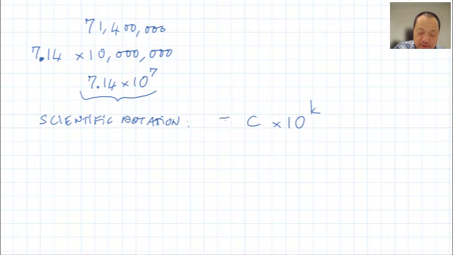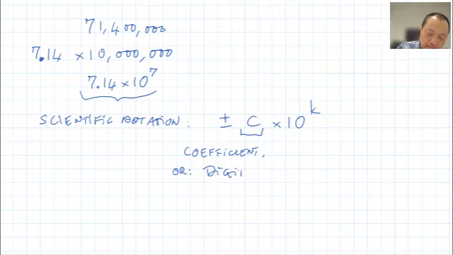So it could be positive or negative. This number in front here is called a coefficient or the digits. Different people call it different things. And the rule is the coefficient or the digits must be at least 1 and less than 10.